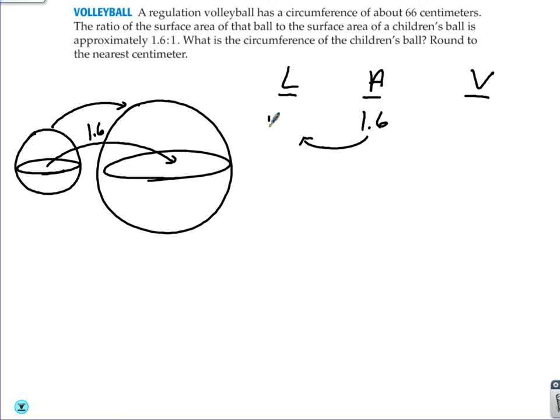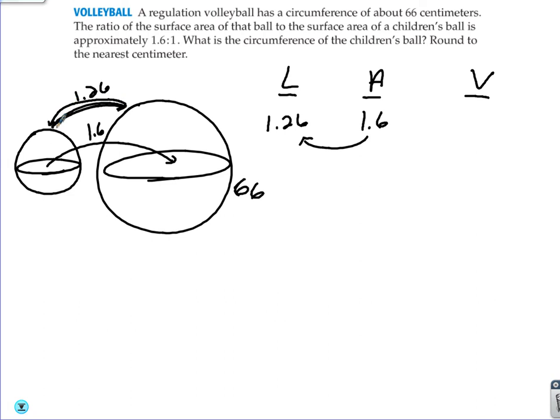1.26. Is that exact? Okay. Leave it on your calculator then. So that means if I want to find the linear measurement, I'm going to multiply not by 1.6, but I'm going to multiply by 1.26, or whatever rounded off version you have there. So it says the regulation volleyball, this one has a circumference of 66 centimeters, but I need to go back. So instead of multiplying by 1.26, I'm going to divide by that 1.26.